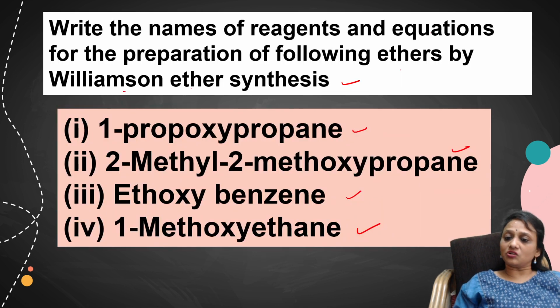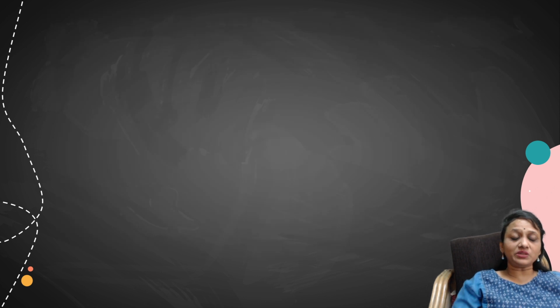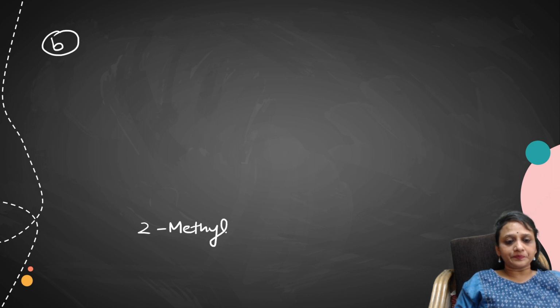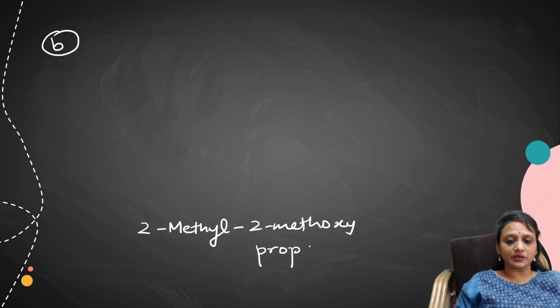2-methyl-2-methoxypropane. Okay. The second one. I need to prepare what? Let us write the compound first. Always write the compound. 2-methyl-2-methoxypropane. Correct, no, students? This is what I have to prepare. What is the formula? They said there is a methyl group at the second carbon. There is a methoxy group also on the second carbon.